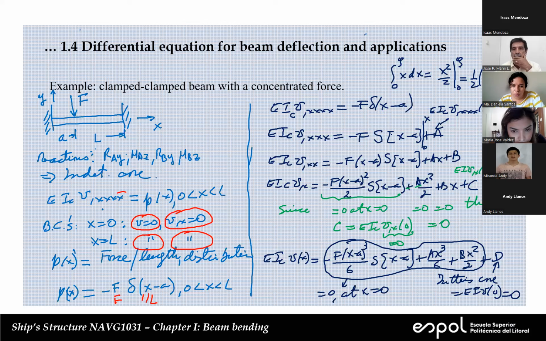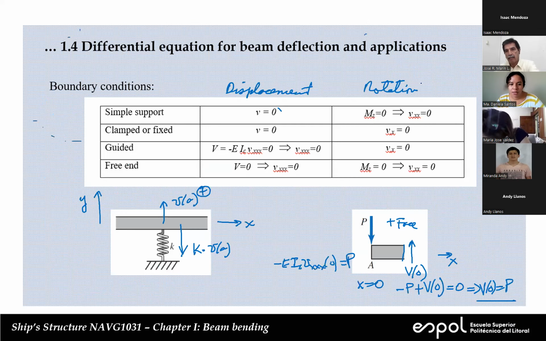Ms. Santos? This is just okay, this is un poco confuso. But in the last slide, you put V at 0 equal to P. But when you replace at minus EI, V at 0 equal to P. This is including the negative sign. This is V at 0. Yeah.